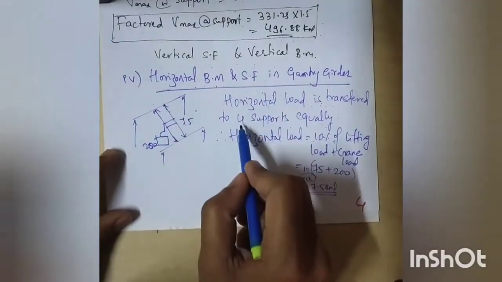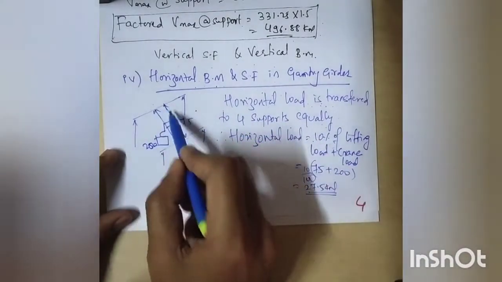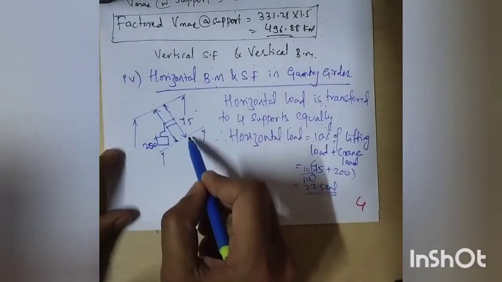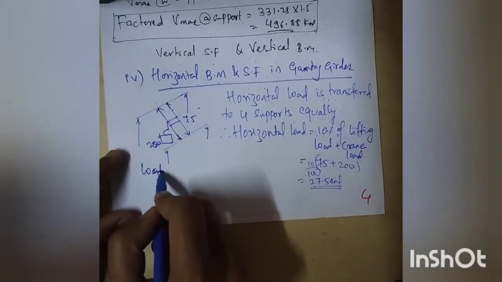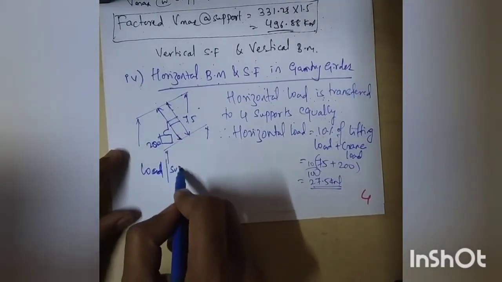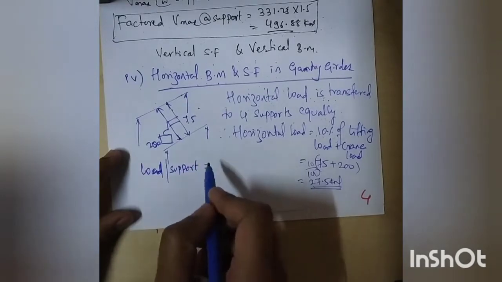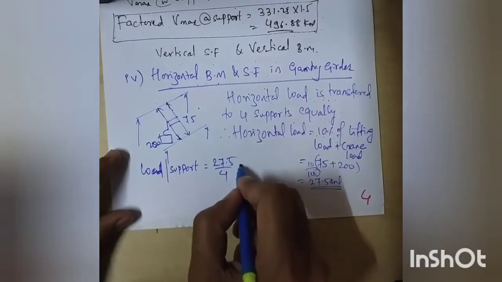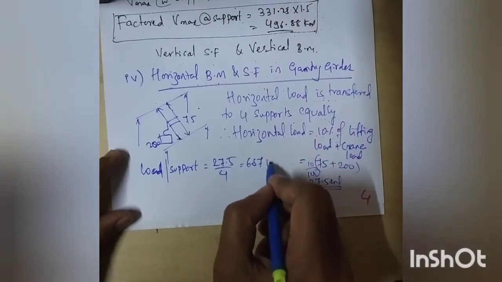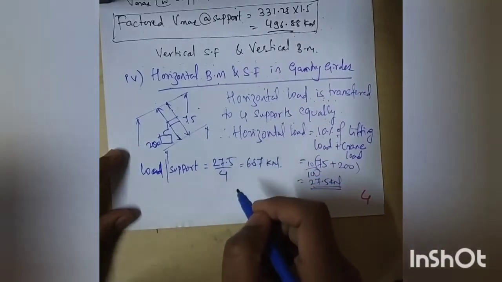Now this load will be transferred to all the four supports. So the load per support will be 27.5 divided by 4, which is 6.87 kilonewton.